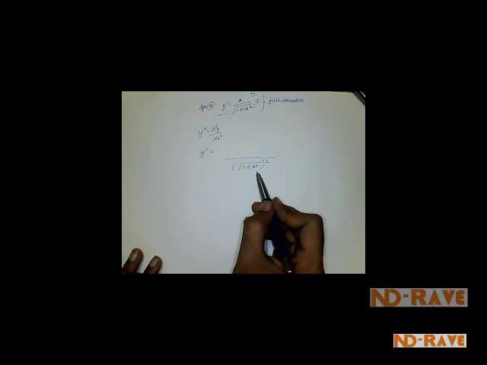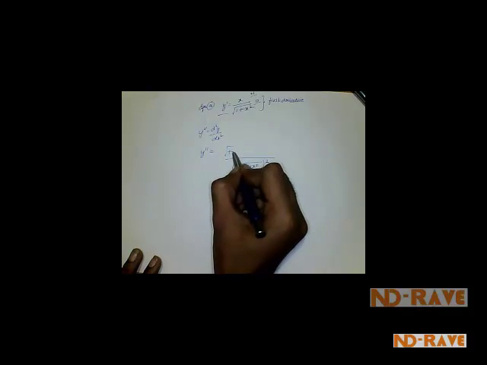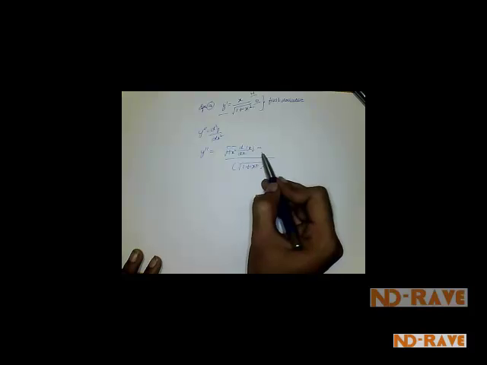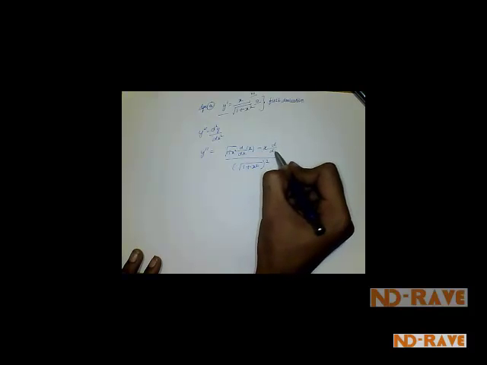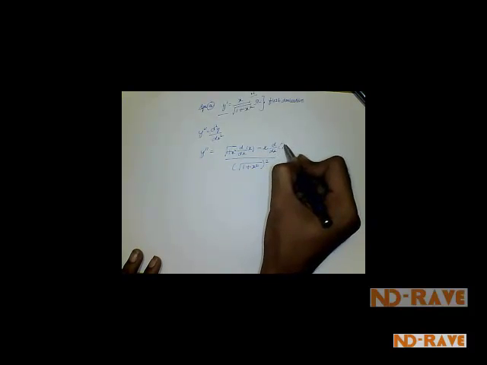And in the numerator, the denominator function, root of 1 plus x square, into the differential of the numerator function. The numerator function is x, so I have written d by dx of x, minus, please note the sign, it is negative, the numerator function which is x and the differential of the denominator.